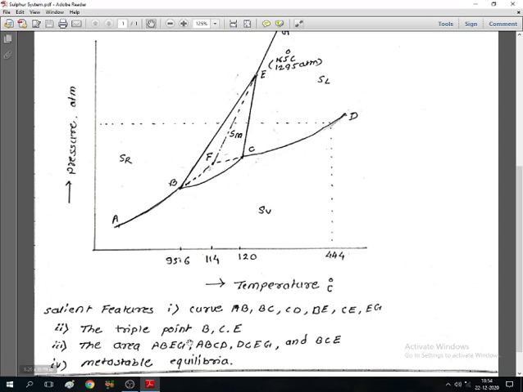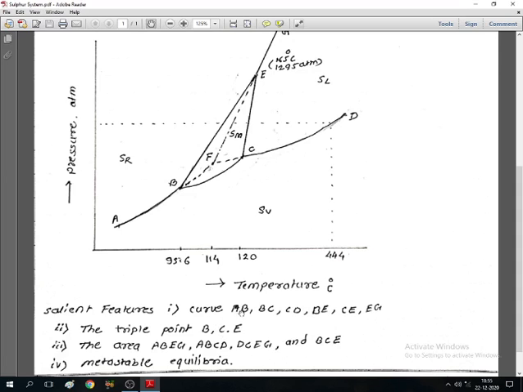Triple point BCE, the areas ABEZ, ABCD, DCAG and BCE. And one more point is the metastable equilibrium. Now let us see them one by one. आपण जसं वॉटर सिस्टीम मध्ये शिकलो तसंच इथं सांगायचं आहे, राईट.